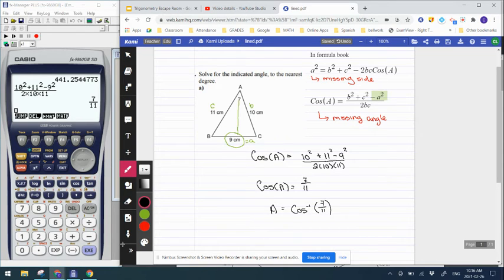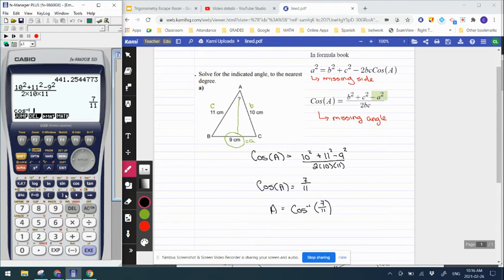of that answer. So we're going to go shift cos. I'm going to try that again. Shift cos. There we go. Now I got my inverse.